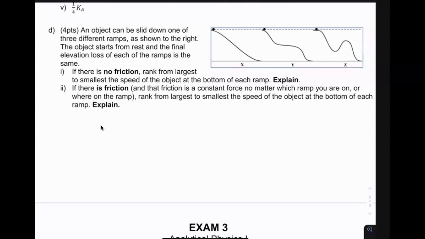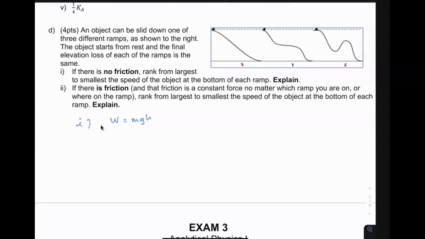So we know in part 1 where there is no friction, that the only force acting on the object is the gravitational force. And so the work done in each case is equal to mgh.